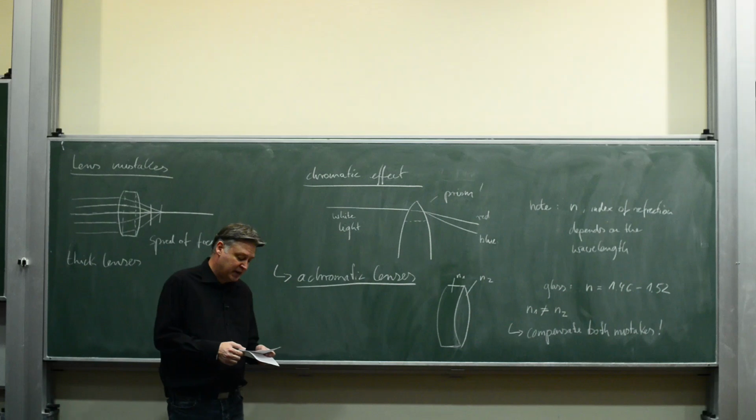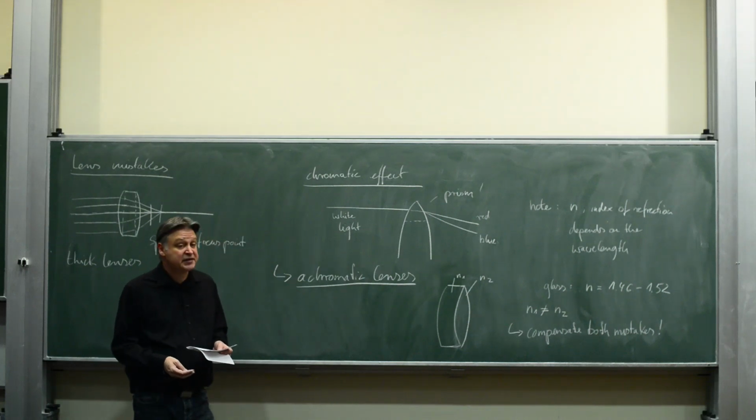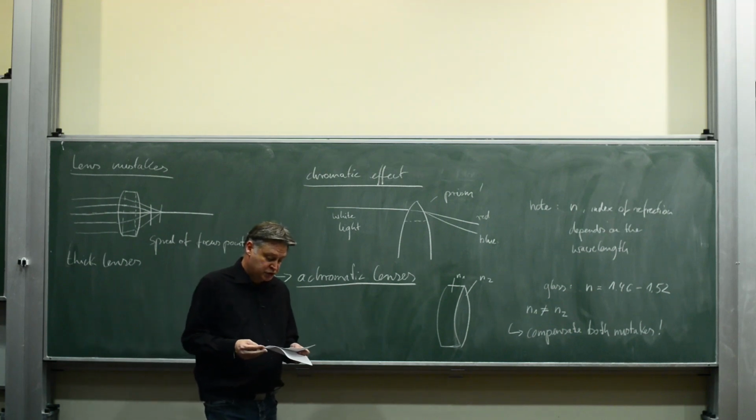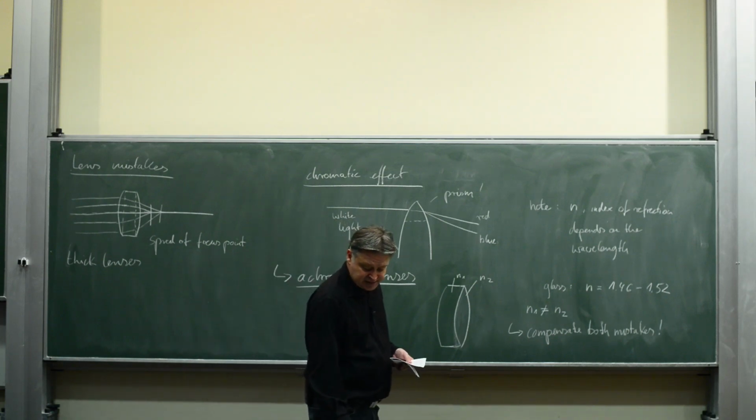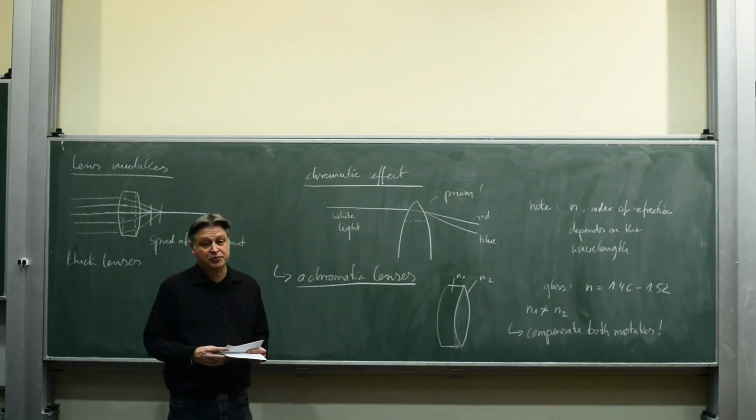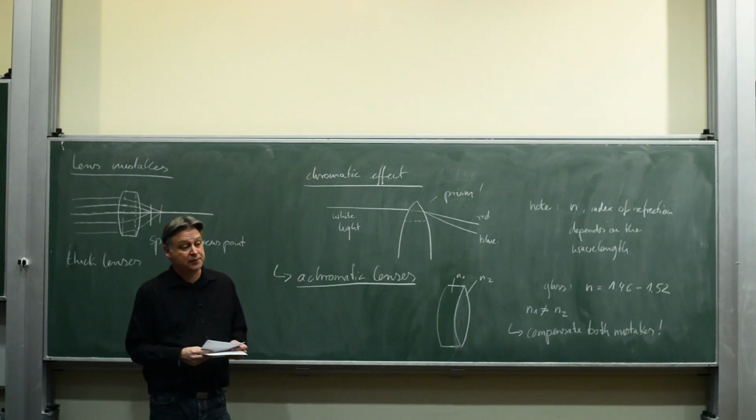Other important name, Ernst Abbe, 1840 to 1905 in Jena, or Schott, Otto Schott, still one of the most important producers of glass in the world, and perhaps you know the name Schott.